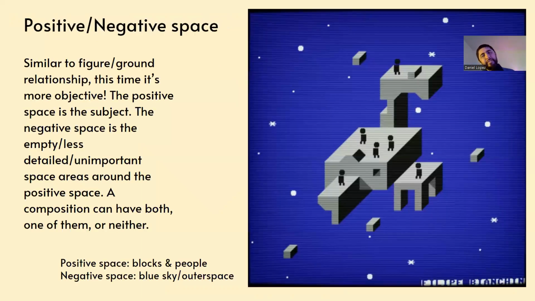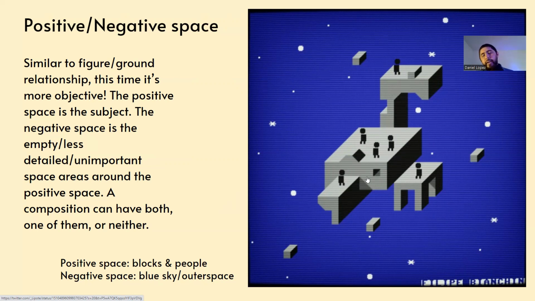All right, positive and negative space. Okay. So again, this is similar to the figure ground relationship. Positive space is the more active part of this. So in this composition, these little bits with the people on it, that would be the positive space, and everything around it would be the negative space.